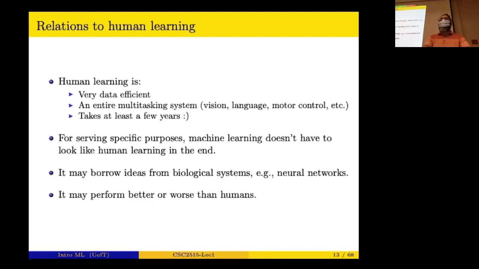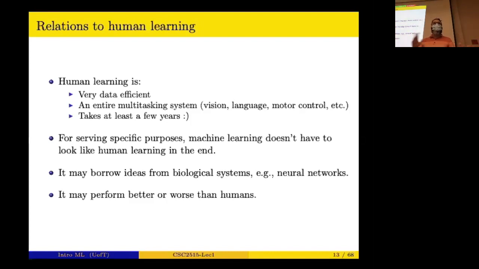One other thing that I want to mention here is that some machine learning methods try to borrow ideas from how humans learn. But as you will see in this course, not all machine learning methods look like anything that humans might do. The one that might be closer to how humans learn is neural networks, deep neural networks, and deep learning. But even if you compare them, this is not necessarily how a neuron in an animal works, similar to a neuron in an artificial neural network.